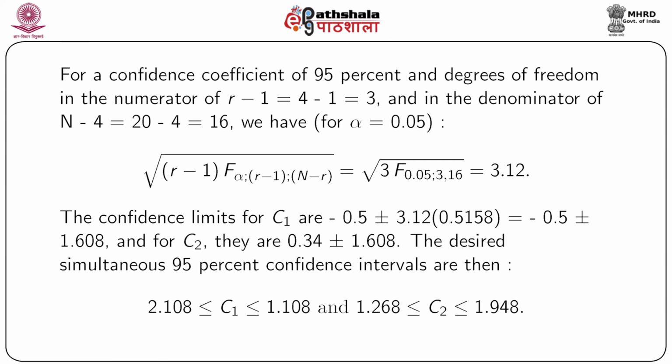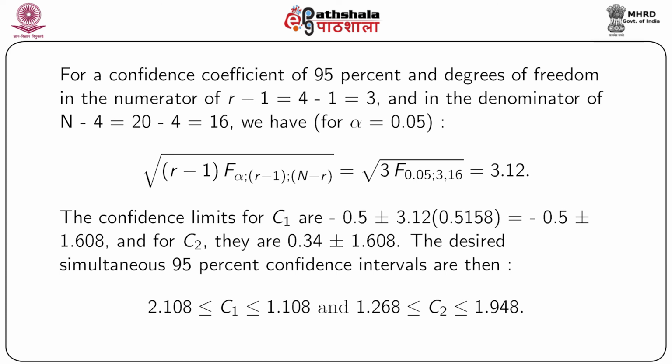Now for a confidence coefficient of 95% and degrees of freedom in the numerator r minus 1 equals 3 and in the denominator n minus 4 equals 16, we have the square root of (r minus 1) times F alpha(r minus 1, n minus r), which equals the square root of 3 times F 0.05(3, 16), which from the F distribution table equals 3.12.